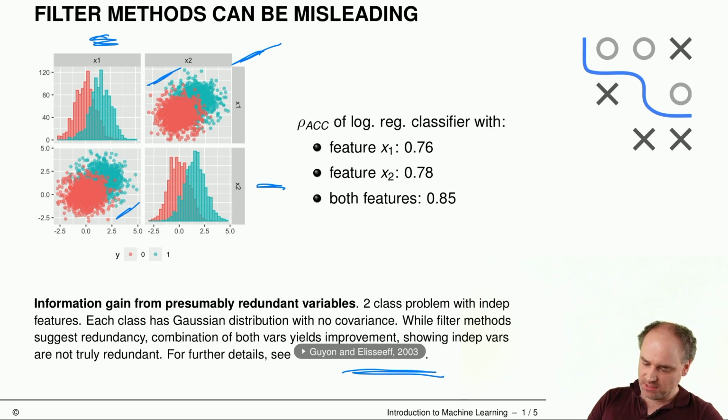Here you can see the projection on x2, and here the projection on x1. We have colorized the distributions by class. And these projections on the individual feature axes are basically what a filter method is going to see.